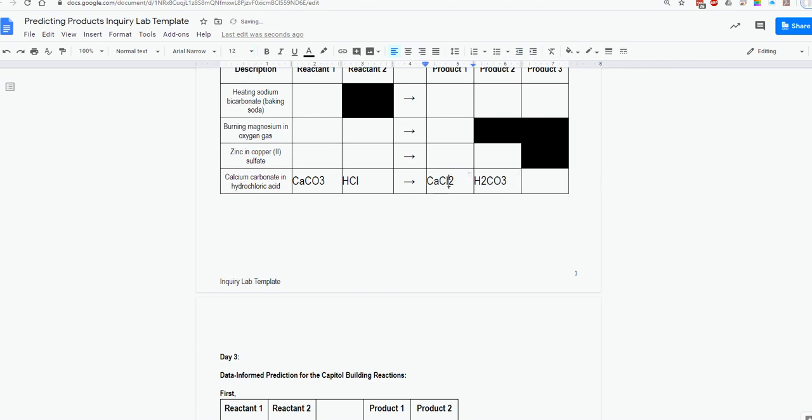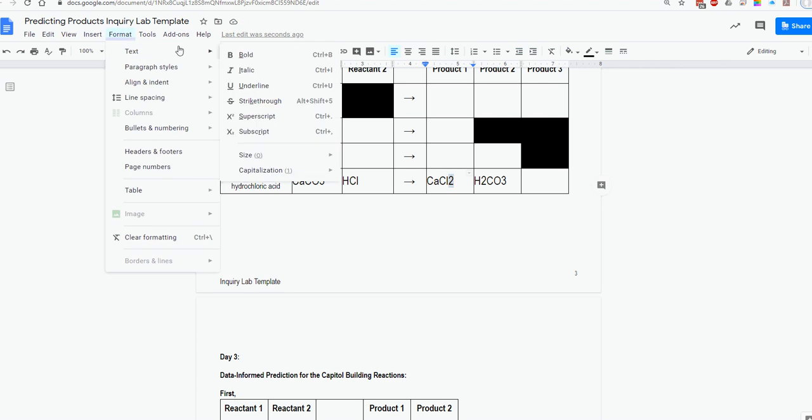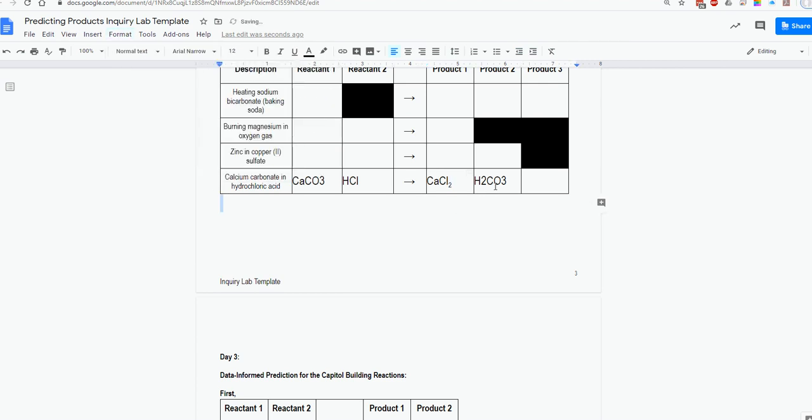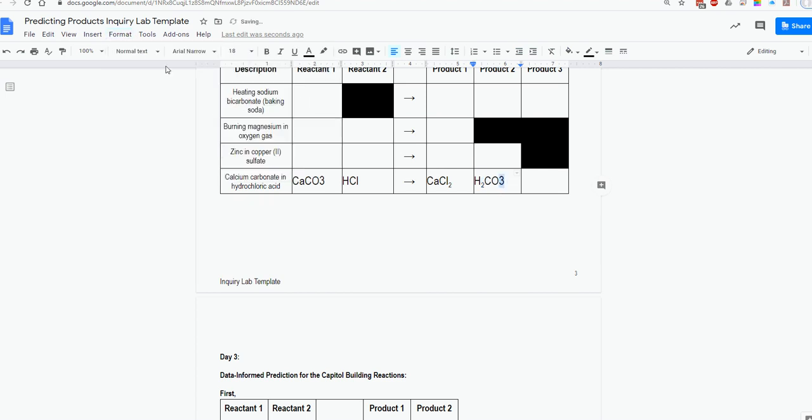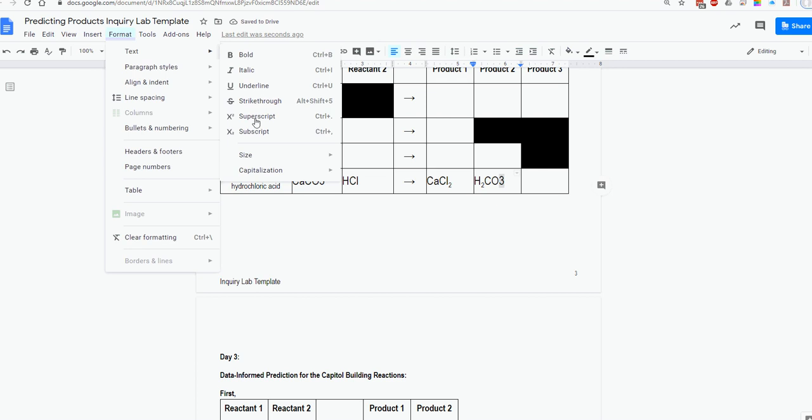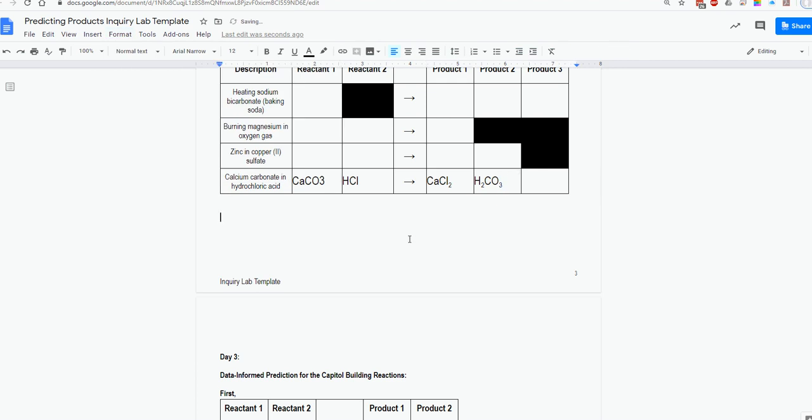Let's put that down there as a subscript, and this as a subscript, and this one also as a subscript. Now, if you look at that, there's really only 2 different products there.